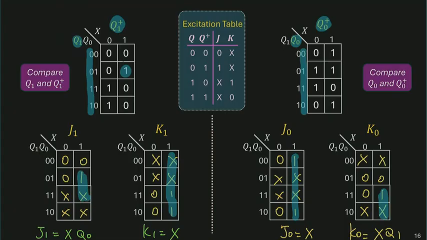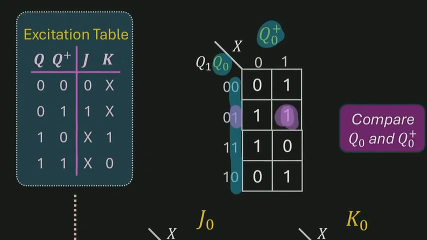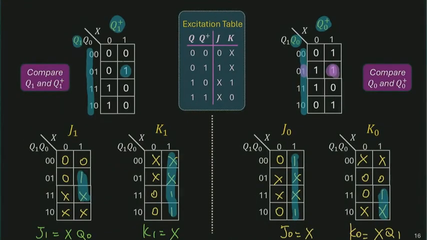let's say we look at this one. That tells me if my current state is 1 on Q0, and based on that state and the input condition, the next state should be a 1. So I really want Q0 to move from 1 to 1. Well, what do I need? I need to put x0 at the JK inputs.